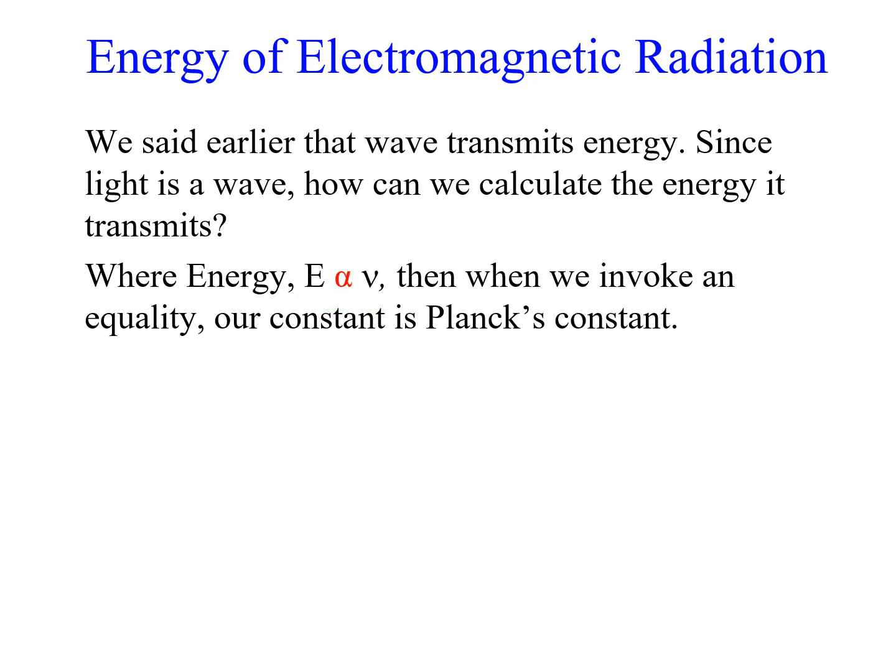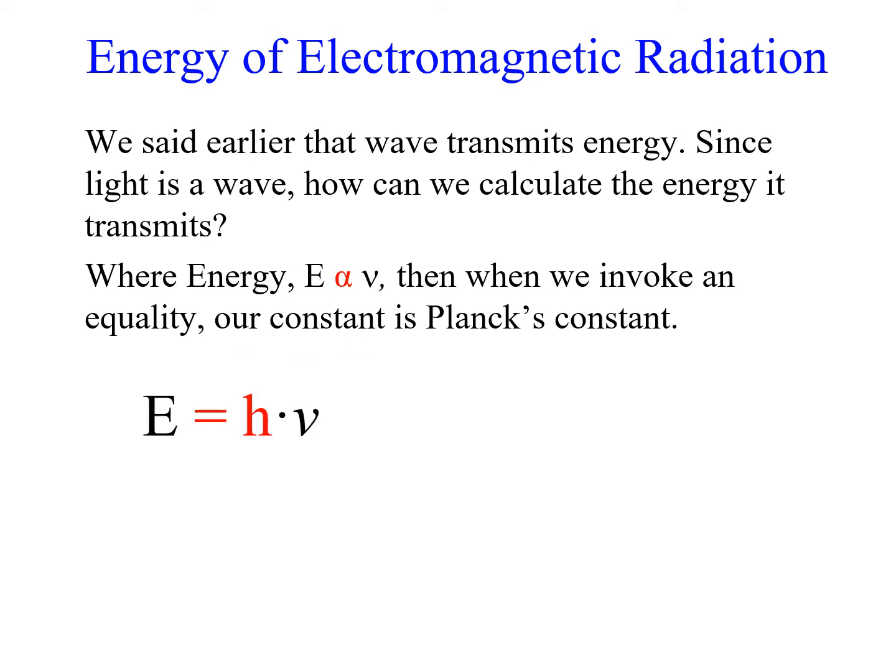We use the Greek letter alpha to denote proportionality. And so if energy is proportional to the frequency, then when you go to an equality, you have to invoke a constant. Anytime you go from a proportionality to an equality, you must invoke a constant.